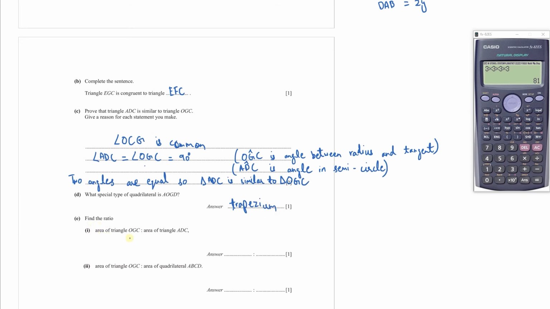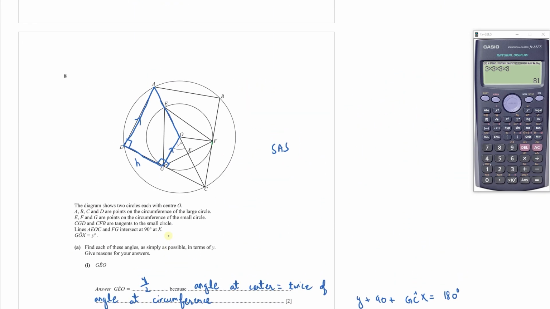Find the ratio of the area of triangle OGC and the area of triangle ADC. So these are the two similar triangles that we proved in the previous part. So this here, OGC, you have to find the ratio of the area of this compared to this big triangle.